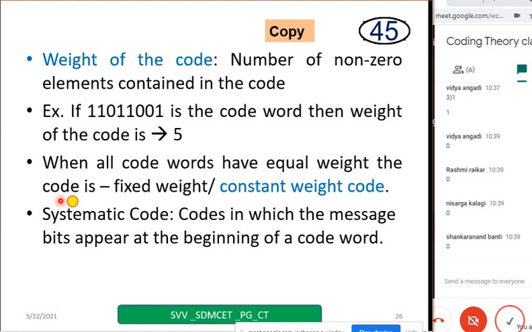Systematic code is nothing but codes in which the message bits appear at the beginning. So whatever we are discussing now in this chapter, we write the beginning data bits followed by the parity bits. Together it will become a code word. So such codes we call a systematic code. The reason is, in a systematic code, at the beginning we have data bits followed by some parity bits.